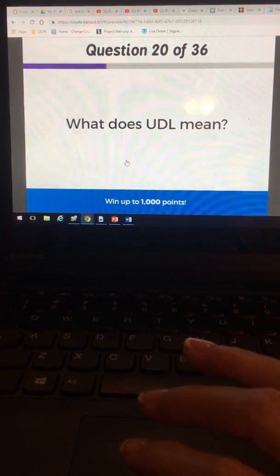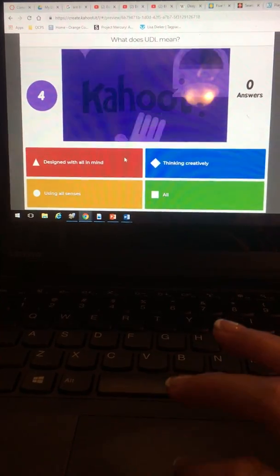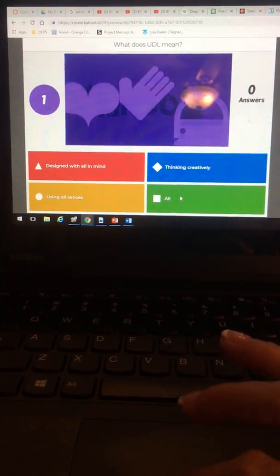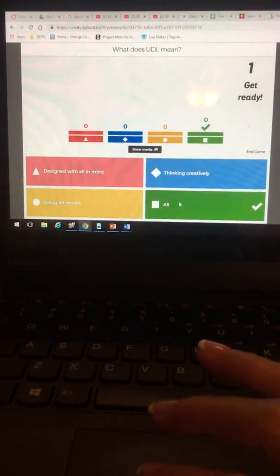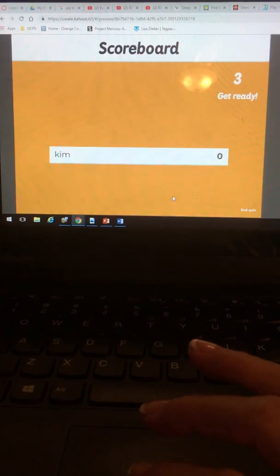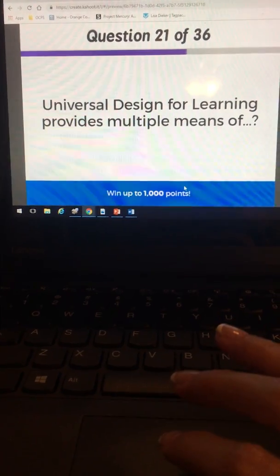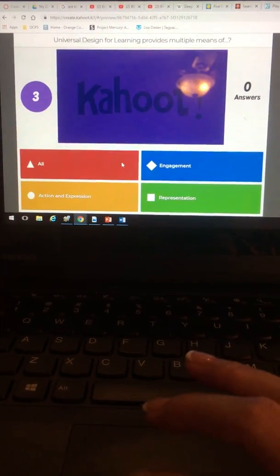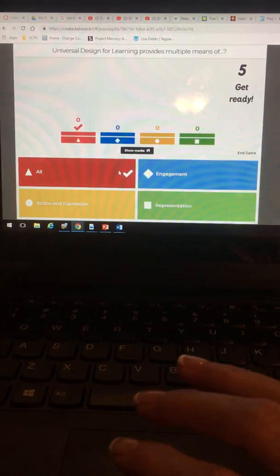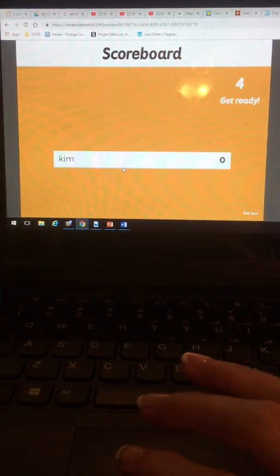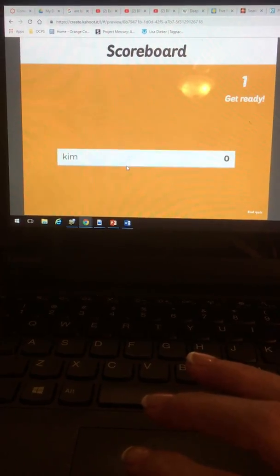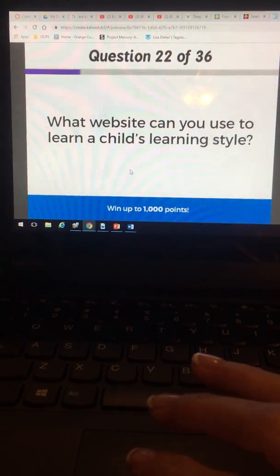What does UDL mean? Universal Design for Learning provides multiple means of... What website can you use to learn a child's learning style?